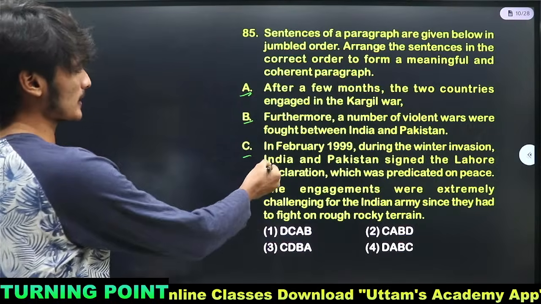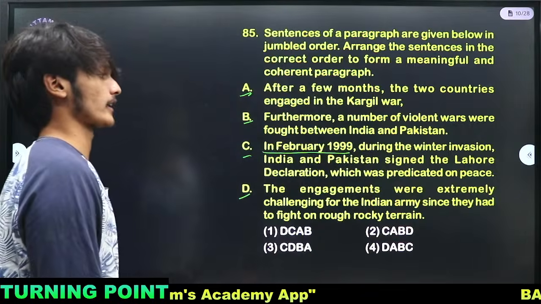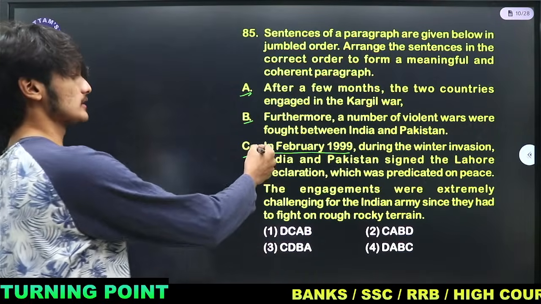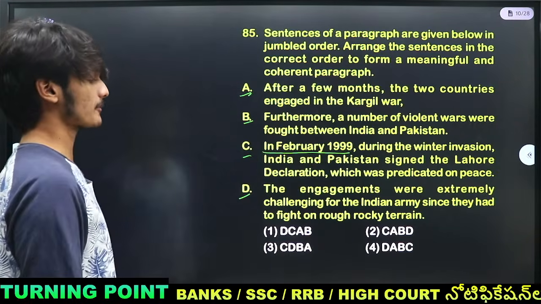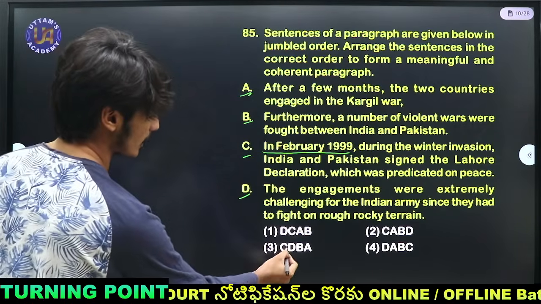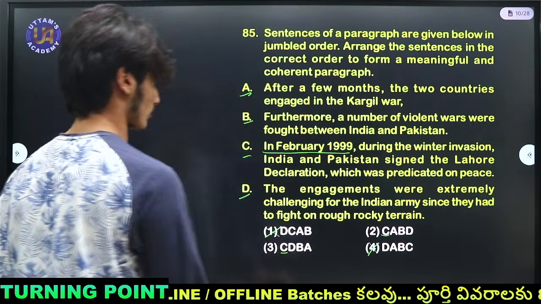If we see option C, it gives us the date, February 1999. So generally that may be the introduction. So C is the introduction of this given paragraph. Let us see the options which have C first. We have C here, C here. So we can eliminate options 1 and 4.